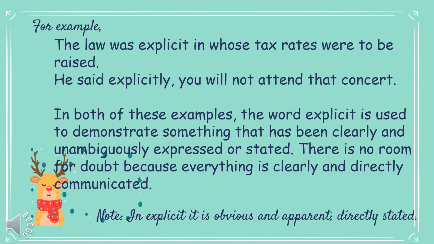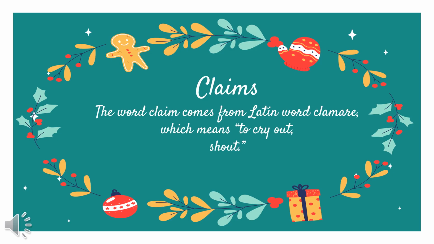There is no room for doubt because everything is clearly and directly communicated. Take note that explicit is obvious and apparent, unlike the implicit, which is hidden. Moreover, we can say that it is directly stated.